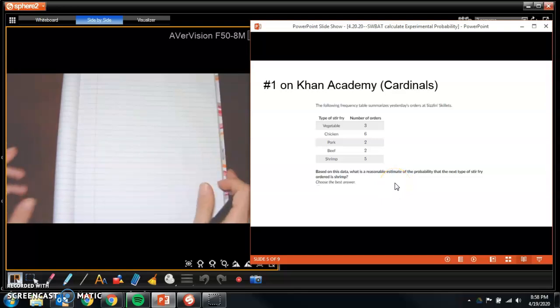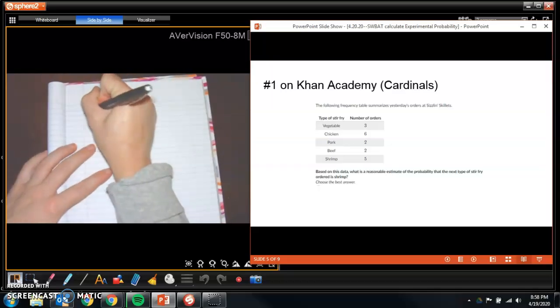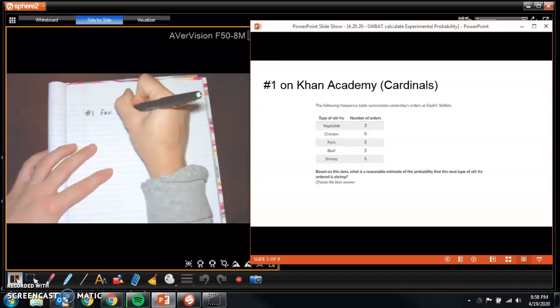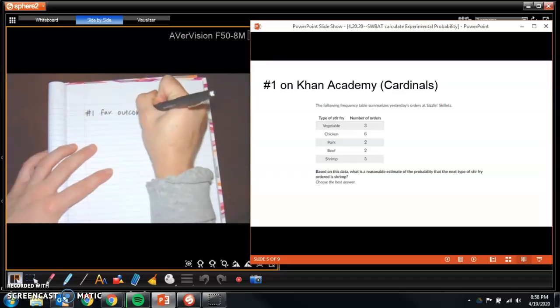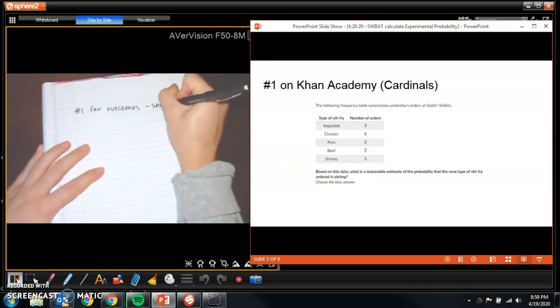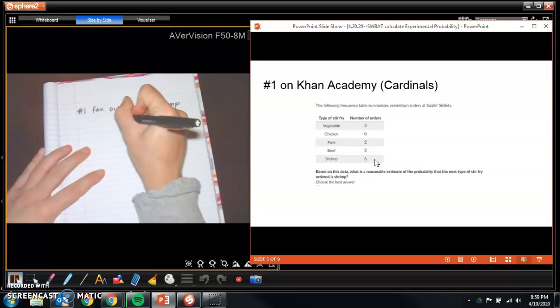Okay, so if you remember back from the previous slide, the first criteria for success was to identify favorable outcomes. So this problem is asking me for shrimp. So looking back at this table, I can see that the favorable outcomes of shrimp is equal to 5.